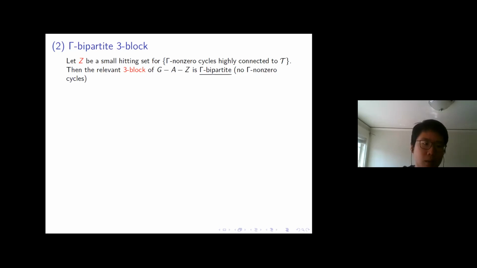So the right structure to look at is the 3-block that belongs in the large part of every small separation according to this tangle.